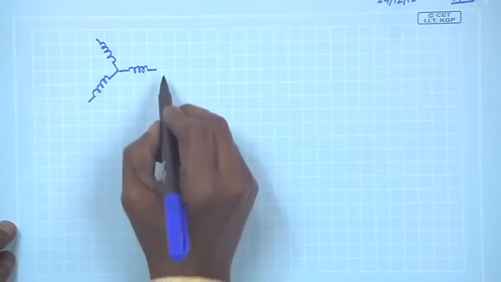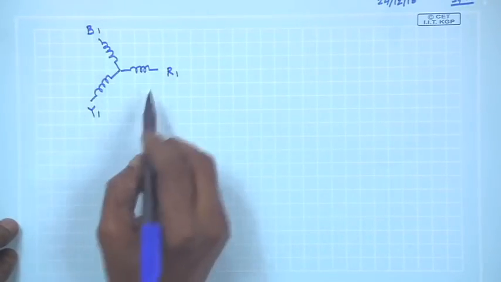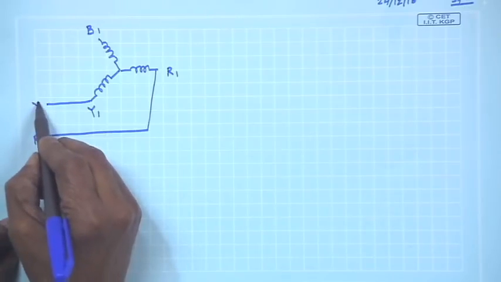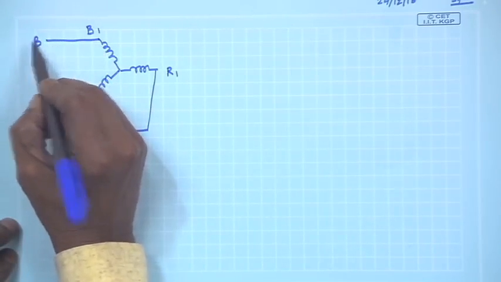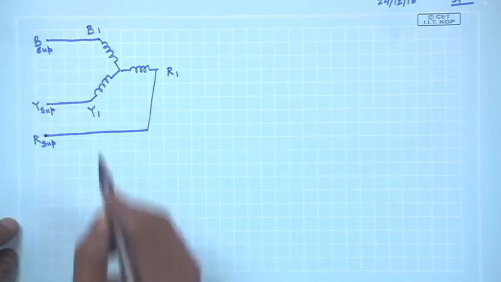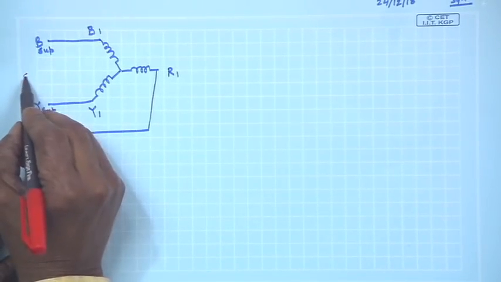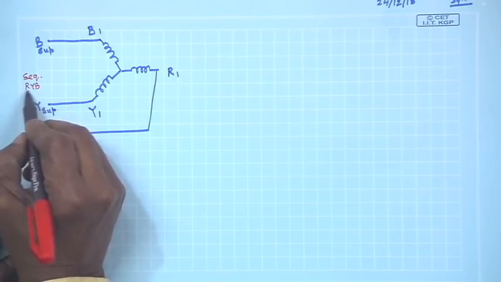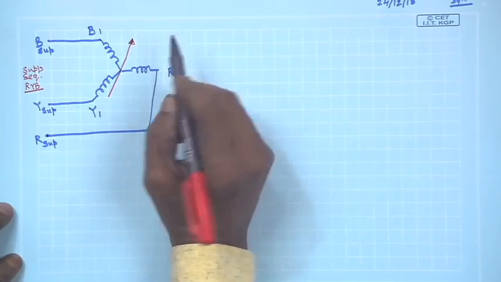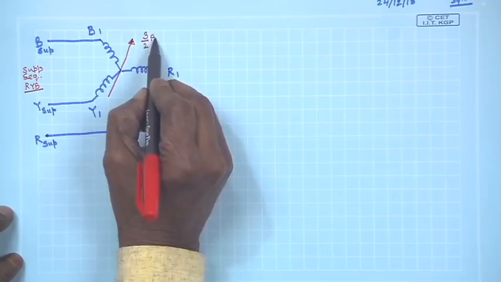And suppose this is R1, this is Y1 and this is B1, which are mutually apart, and if you connect it to supply R, supply Y and supply B, supply sequence R Y B, then a rotating magnetic field will be developed, whose peak value will be 3 by 2 B max.